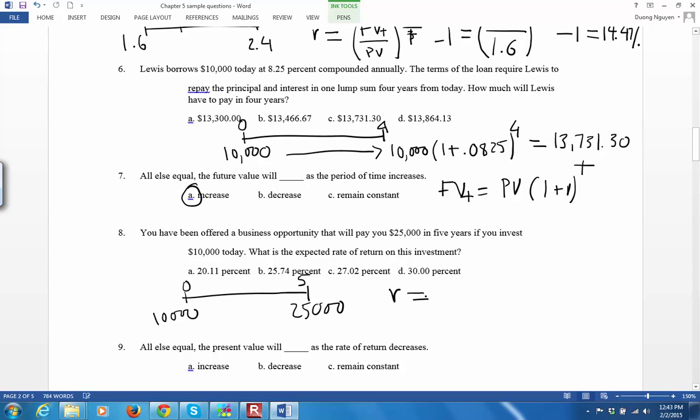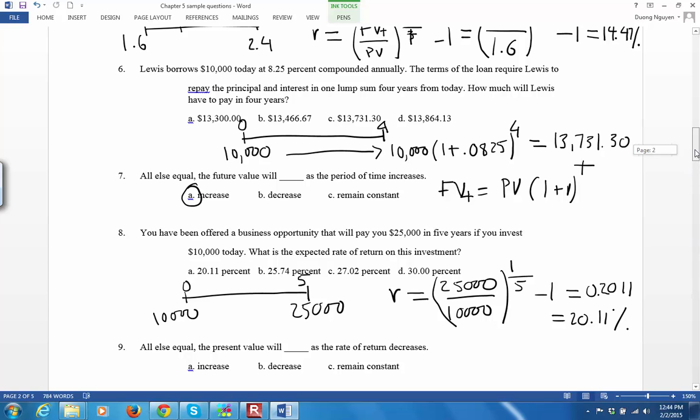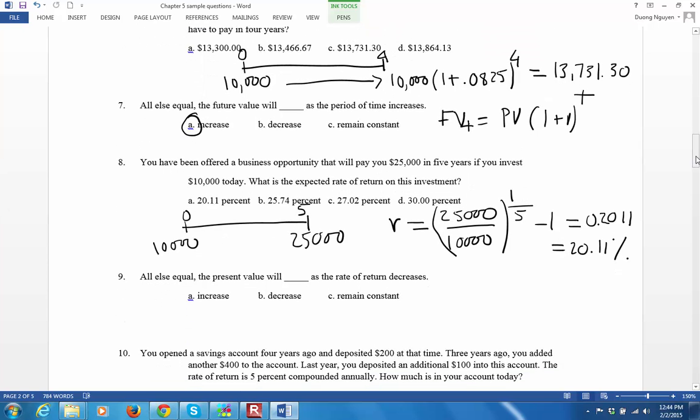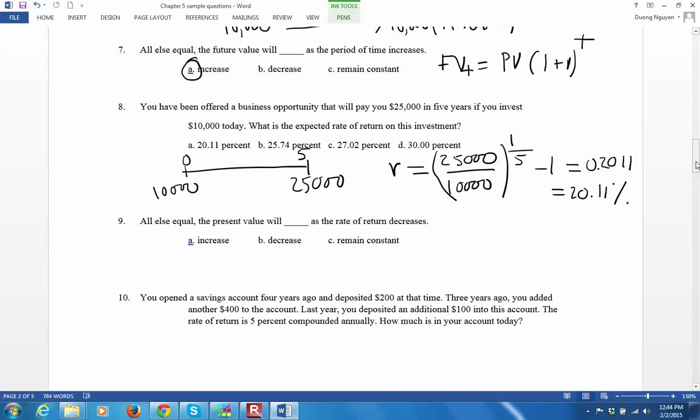The interest rate per year equals future value, 25,000, divided by present value, 10,000, the whole thing raised to the power 1 over 5, minus 1, and the answer is 0.2011, or 20.11%.